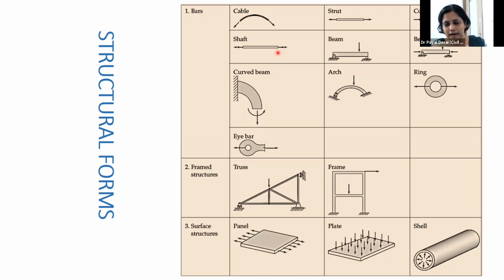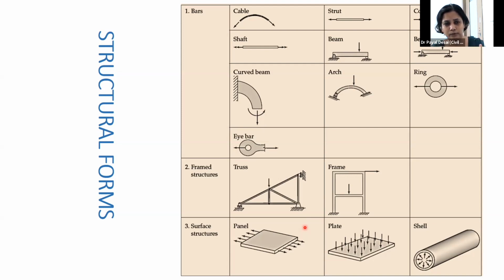But there is a class of structures which are two dimensional. You can see here the surface structures, where two of the dimensions are significantly larger compared to the other. Among these also there are categories. If they are carrying axial loads, we call them panels.